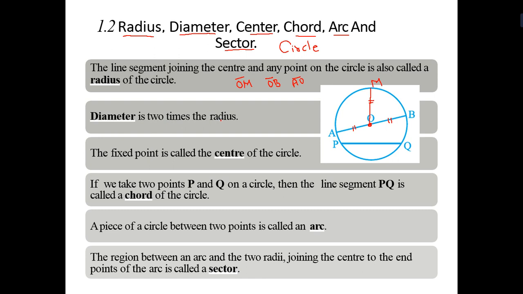Diameter is twice the radius. So D is equal to 2R. So what is R here? Here OB, twice of OB is equal to AB. So AB is called diameter. Here AB is called diameter.